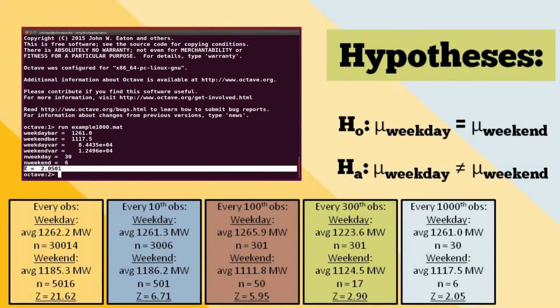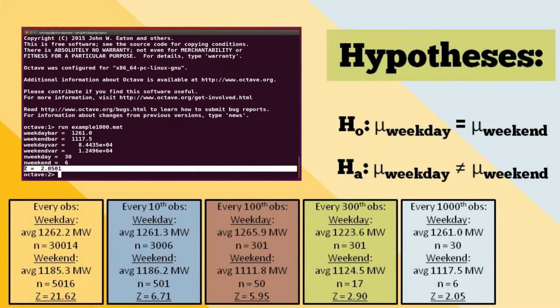So there is a greater than 1% chance that we are making a type 1 error, that we are rejecting the null hypothesis, and the null hypothesis was actually true. In this case, it's because the samples are getting really small. With only 6 observations of the electrical load on the grid on weekends, we aren't very confident that we have a very representative sample here, and that's why the confidence in our result is getting smaller and smaller.